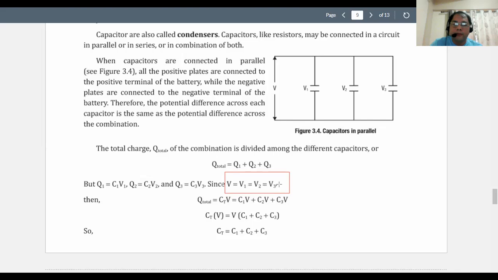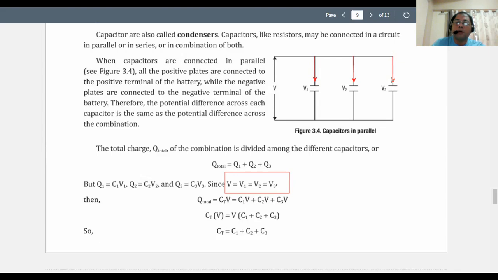Now, the charge that is coming from the source, from the battery, will get into the capacitors. And eventually, they will become filled with charges. So from the battery, one amount of charge will go into capacitor 1, another will go into capacitor 2, and another will go into capacitor number 3.